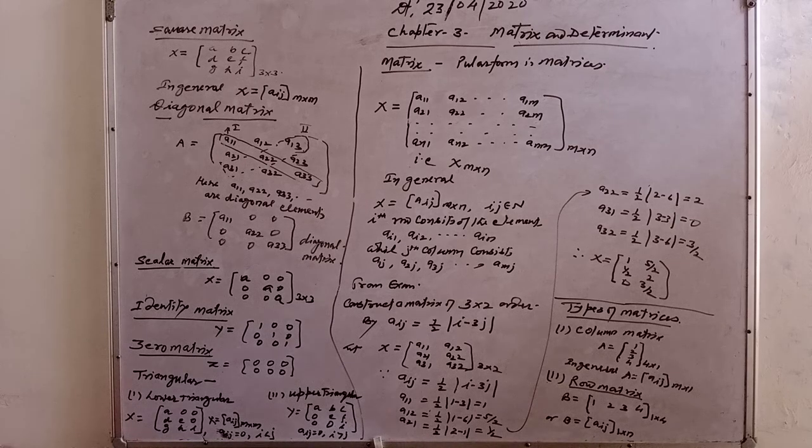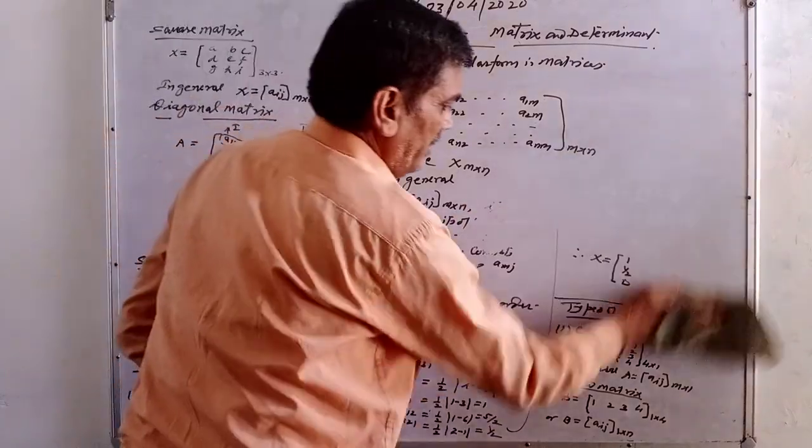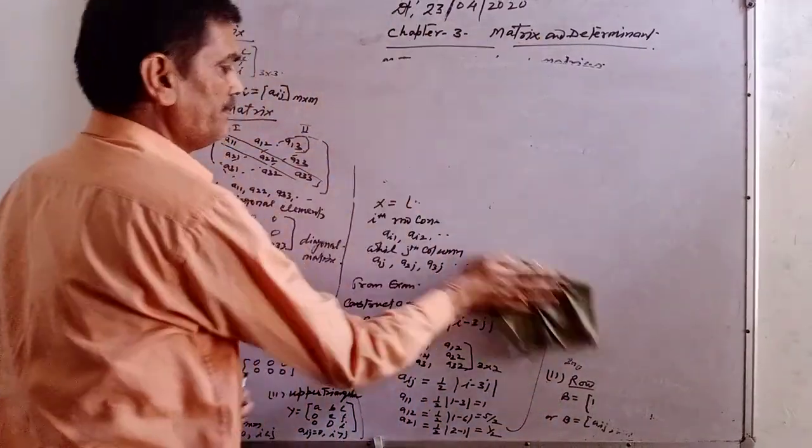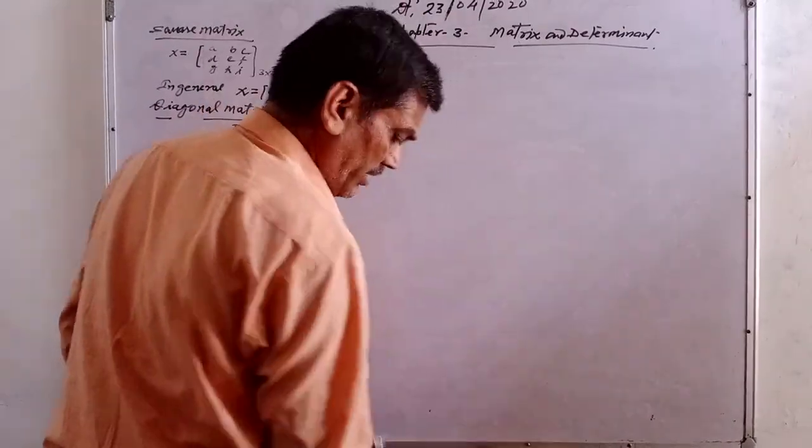Next we will know about the equality of two matrices. Two matrices A and B are said to be equal if their order is the same and corresponding elements are equal.